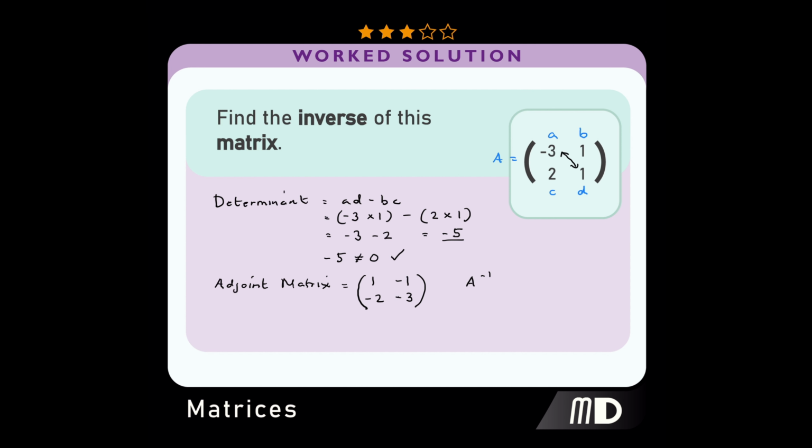The inverse matrix is the reciprocal of the determinant multiplied by the adjoint matrix. So, the inverse of A is equal to minus 1/5 multiplied by the adjoint matrix.